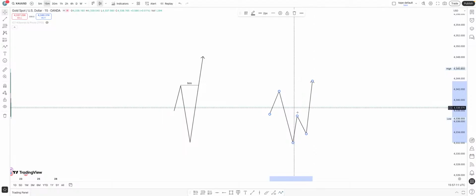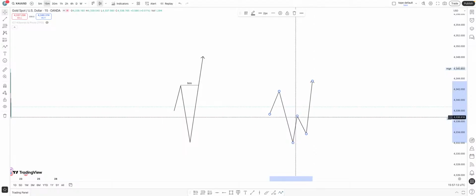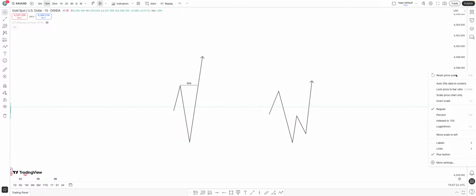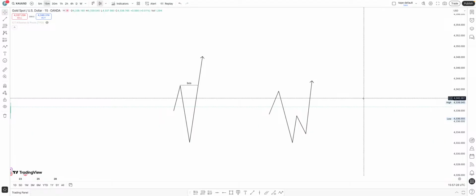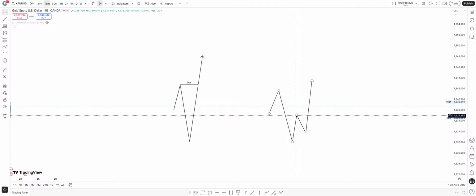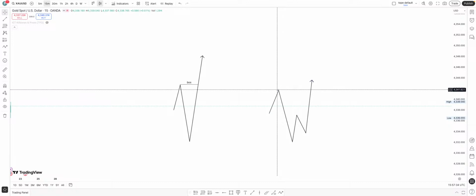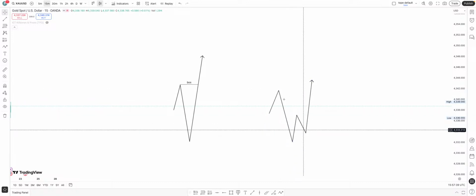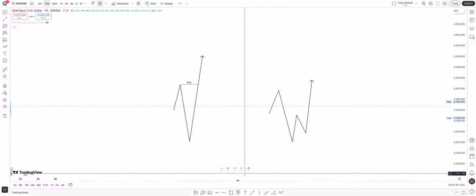So with this double leg break of structure, people would ideally think this is a break of structure now, but this is the structure itself. This is just a mini pullback. So this didn't really break anything. This here is the real break of structure they are waiting for.